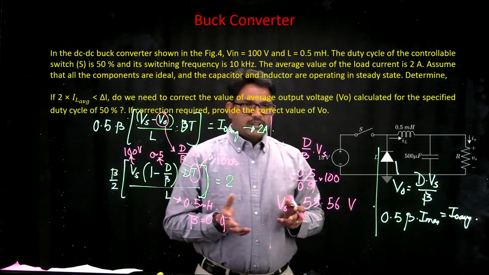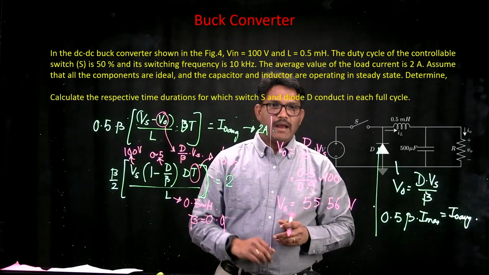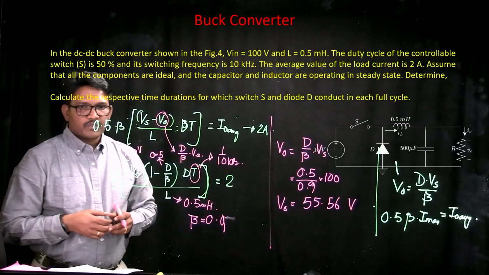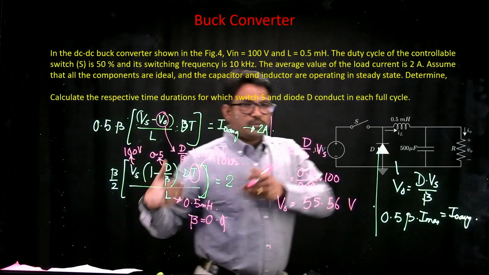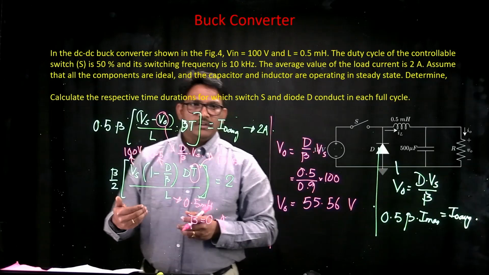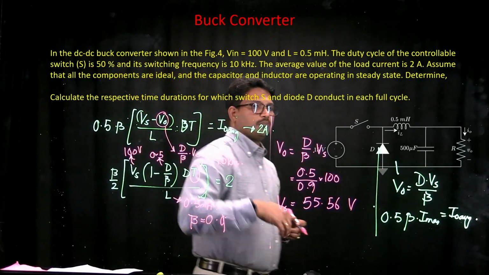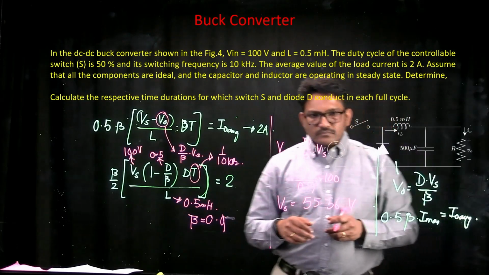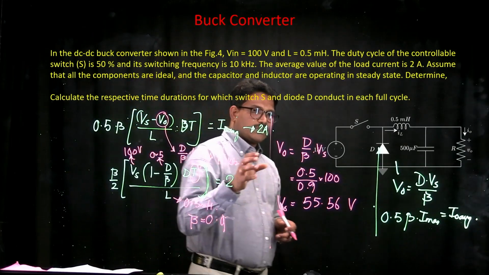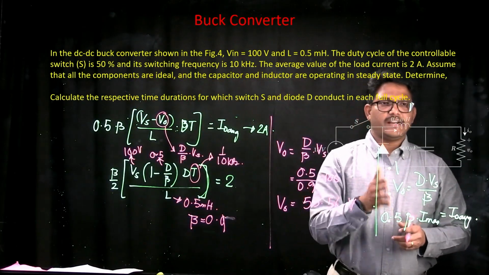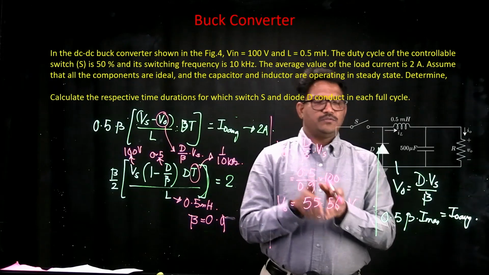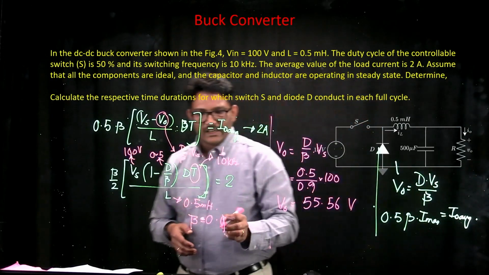So if you want to know the turn on time, go back and see that there is a question on what is the respective duration of switch on time and off time. If you live with an assumption that the conduction mode is continuous, then for a duty cycle of 50%, you say that half the time you have the switch conducting and the other half the diode conducting. But this is a discontinuous conduction mode, so if you want to give a correct answer, you know that half the time the switch is conducting, but when your switch is turned off, the diode is conducting only up to 0.9 times T. It is from 0.5 times T to 0.9 times T because your beta is 0.9.